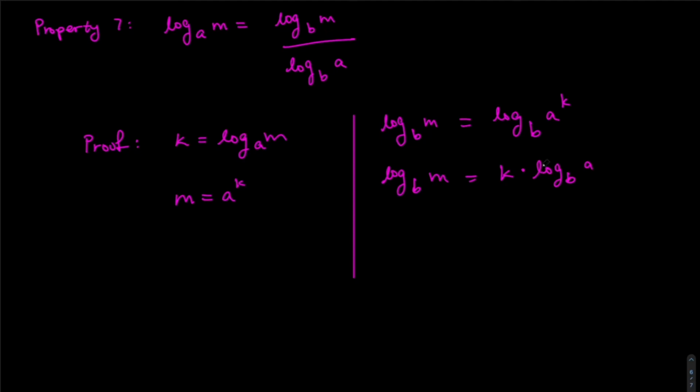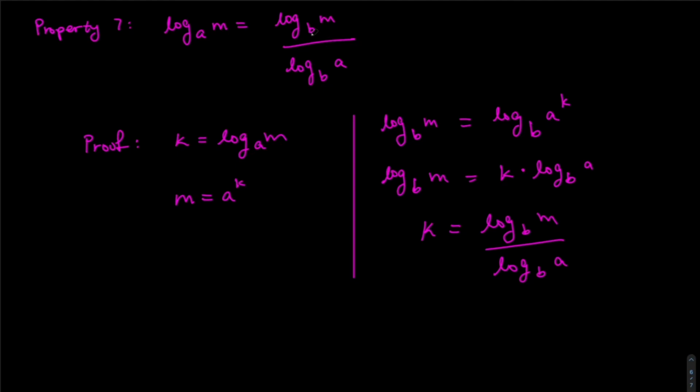Now if I divide by this log on both sides, what I'm going to get is k is equal to log base b of m upon log base b of a. Kind of a weird thing to wrap your mind around, but just know this property. Just memorize this property. That's the best way I can say it.